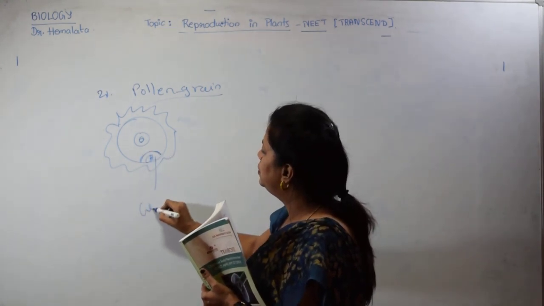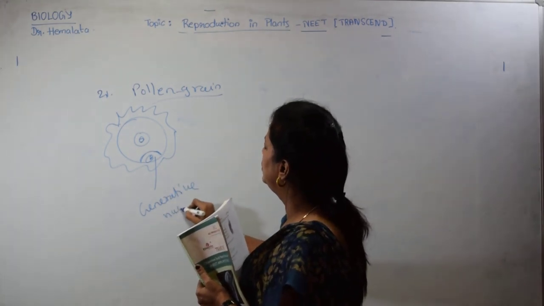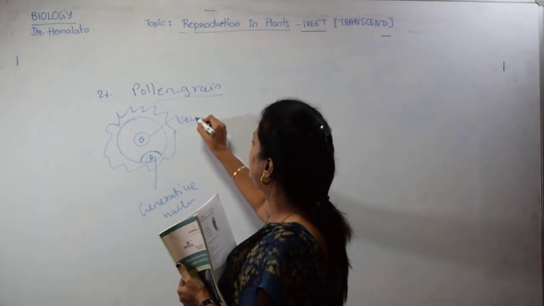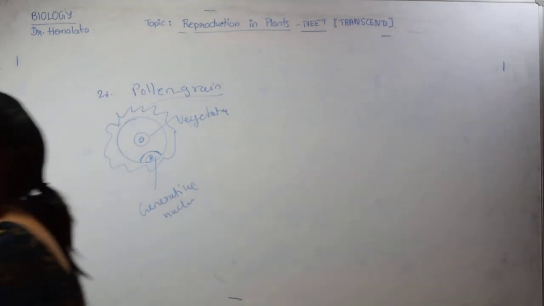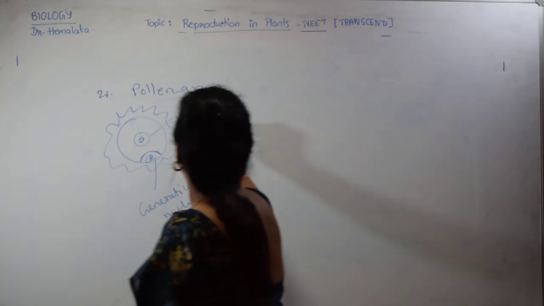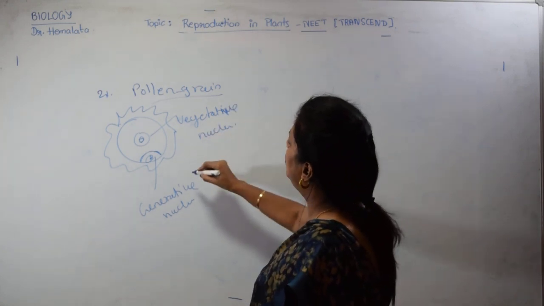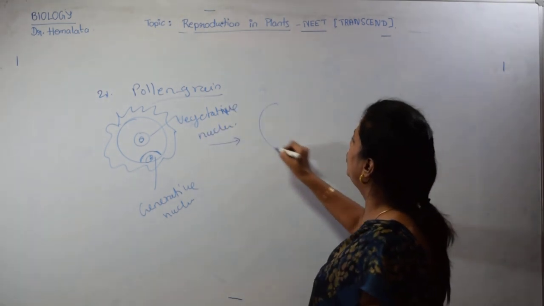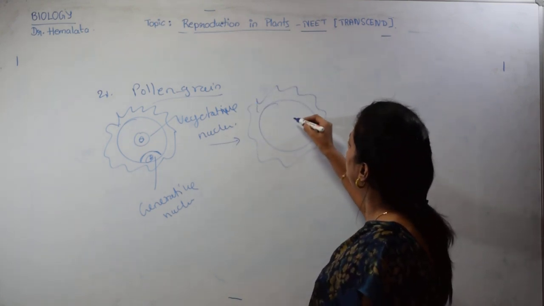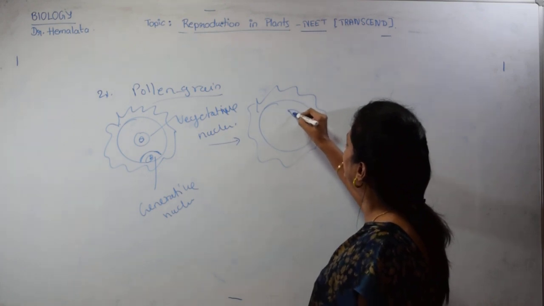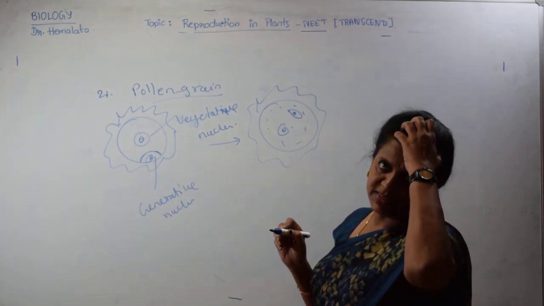The generative nucleus is formed first, and this is the vegetative nucleus. After some time, the generative nucleus becomes a generative cell and starts floating in the cytoplasm of the vegetative cell. This is a two-cell stage.